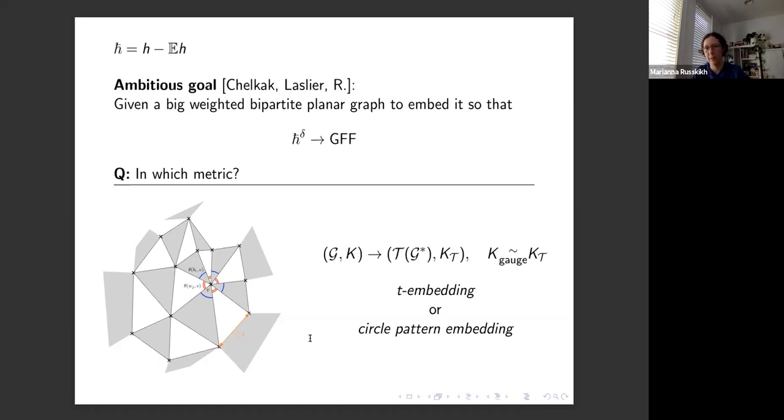And we also claim that yes, this good one also satisfies nice discrete holomorphicity. There is a nice discrete holomorphicity on it. We can reformulate this question about the convergence in terms of, let us maybe think not about this super ambitious goal. Let us think about our goals: whether there is a nice choice of Kasteleyn matrix such that you can define nice discrete holomorphic functions on it. And yes, this is also the answer. Those are t-embeddings or circle pattern embeddings.